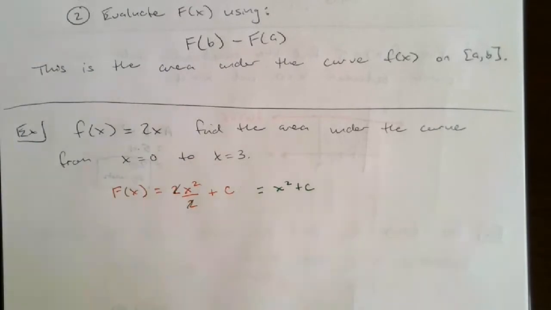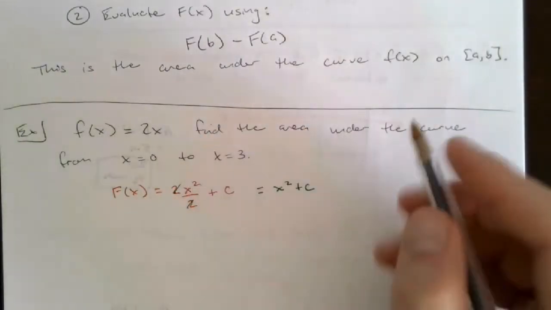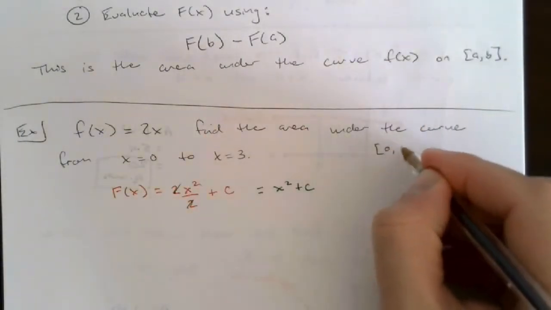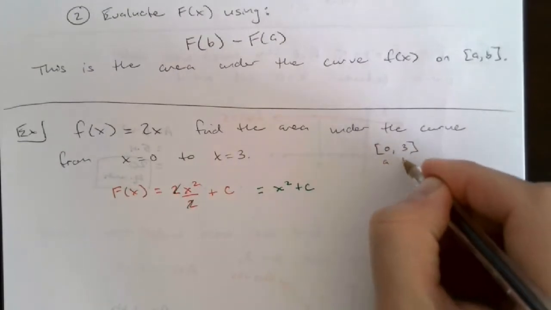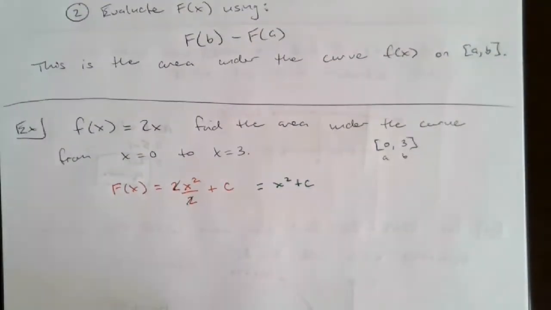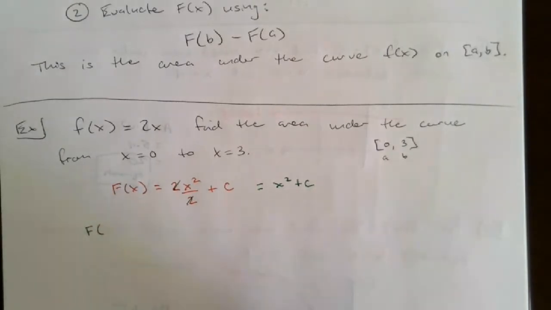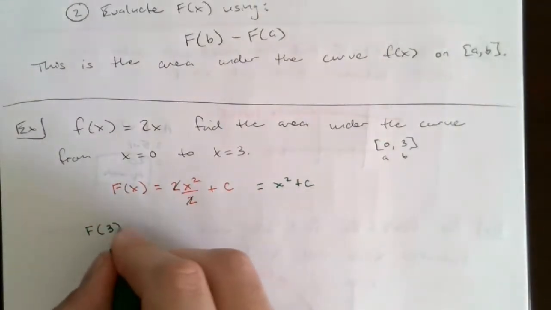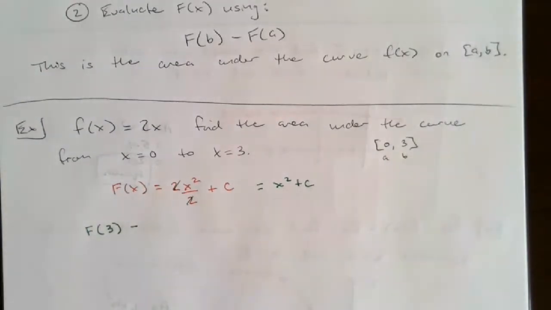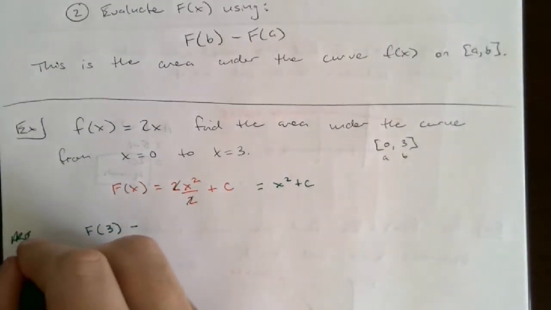So if I said F of b minus F of a, right, the interval is from 0 to 3, so it's like a and b. So F of b is F of 3 minus, maybe I'll write this as area equals, so you know that's what I'm finding.